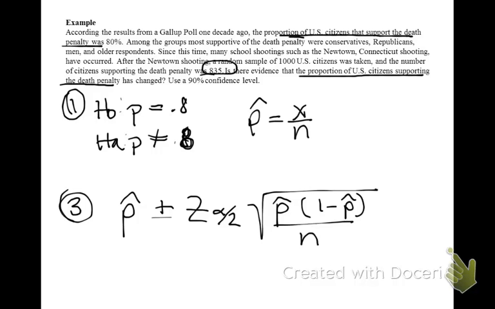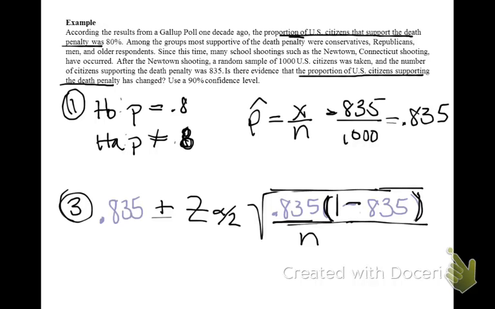Here, 835 said yes out of 1,000 in the sample. This is 0.835, and that's the number we'll plug into all the p hat positions in the confidence interval. N is the number in the sample. Here it says that 1,000 citizens were sampled, or you could think of it as the denominator from your p hat. We'll plug this into the n position of the confidence interval.